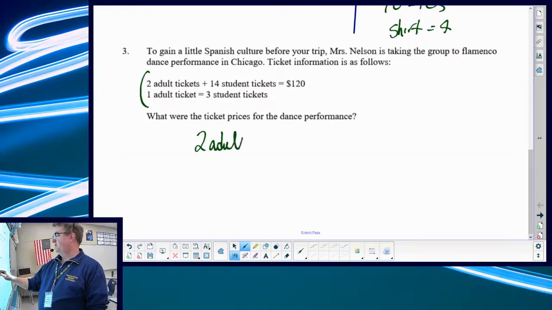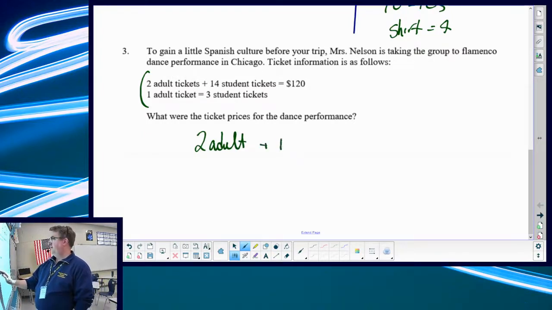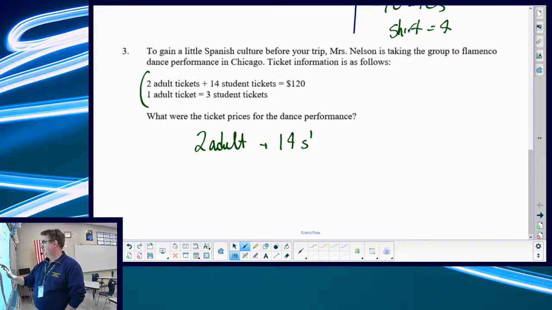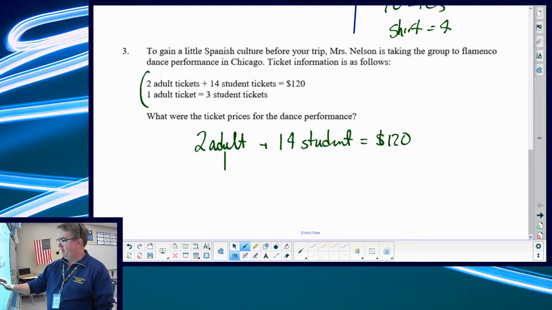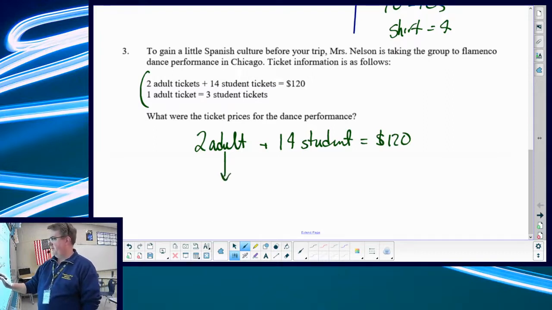So I had a student, and this is usually kind of where things go. Do something like this. And actually it's a lot like what we did with the pants and the shirts. They did this. And they said, all right, well, this is really equal to adult equals 3 students.